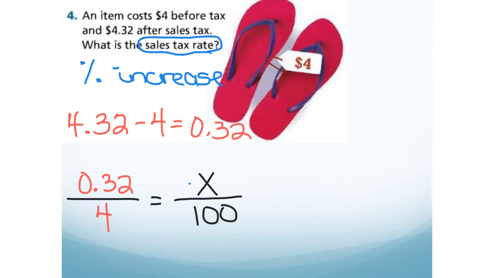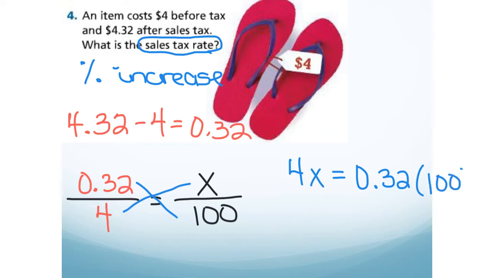In our cross multiplying, I like to start with my variable, and we will do 4 times x. We're going to set that equal to the other cross product of 32 hundredths times 100. And now we're going to practice solving this equation. 4x is equal to the above product, and 32 hundredths times 100 is equal to 32. 4x equals 32.